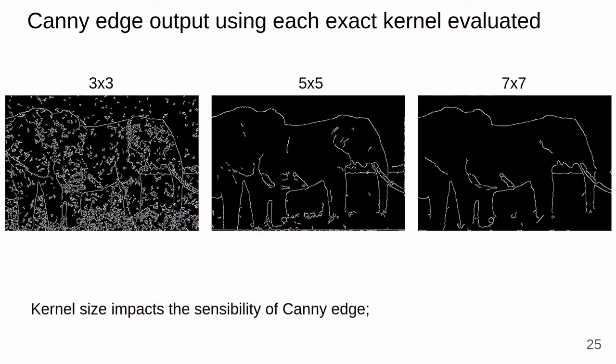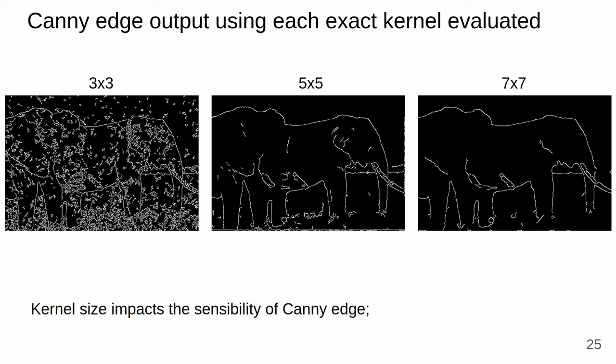The first result is the output of KNAD using each exact kernel size. It's possible to notice that the kernel size impacts the sensibility of KNAD. With the 3x3 kernel, the output has more details, while with the larger kernels there are fewer details in the output image.